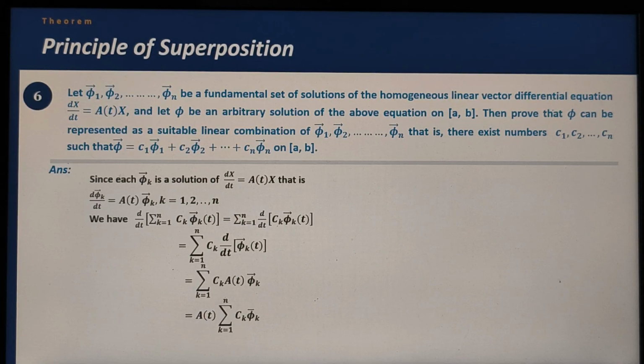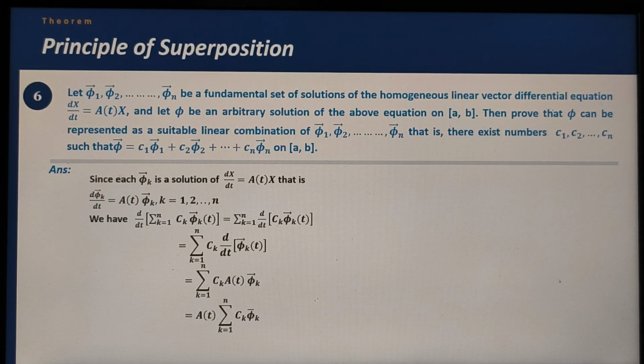Since each phi k is a solution of the differential equation dx/dt = A(t)x, that is d phi k/dt = A(t) phi k, phi k satisfies the differential equation. Now we consider the summation form, that means we consider d/dt of the summation k = 1 to n of ck phi k.